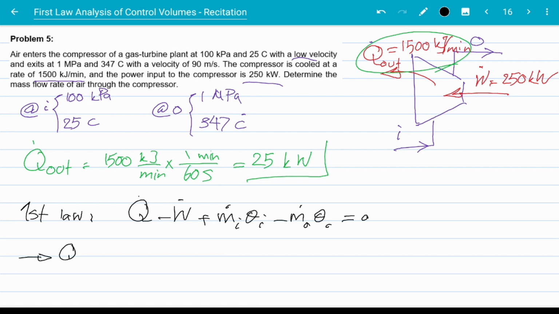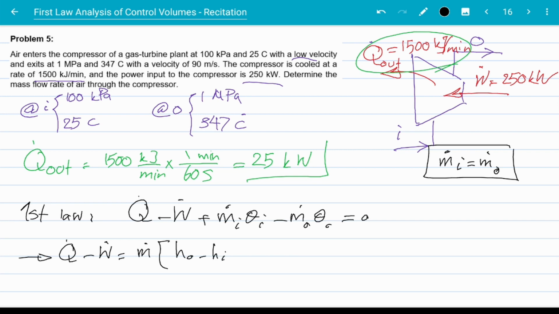So Q dot minus W dot is, now this is a steady state single stream device, so m dot in is equal to m dot out based on the conservation of mass. So it will be m dot times (h_out minus h_in) plus (velocity out squared minus velocity in squared) over 2.